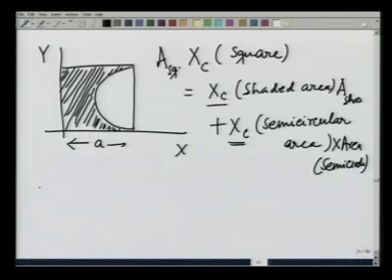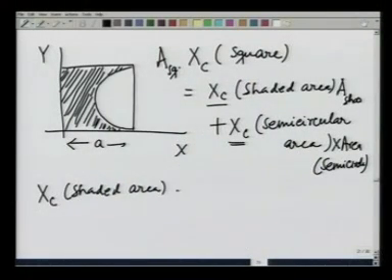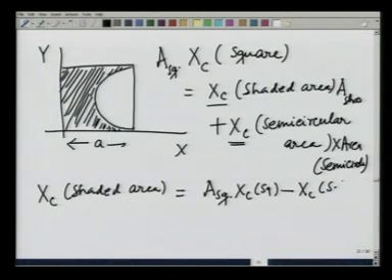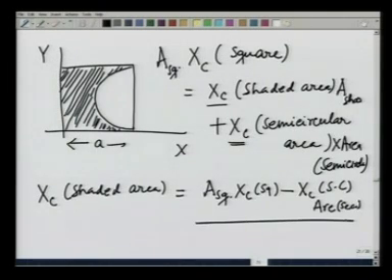And therefore, x c of the shaded area is going to be equal to area of the square times x c of this square minus x c of the semicircle times area of the semicircle, divided by the area of the shaded portion, which is going to be area of the square minus area of the semicircle.